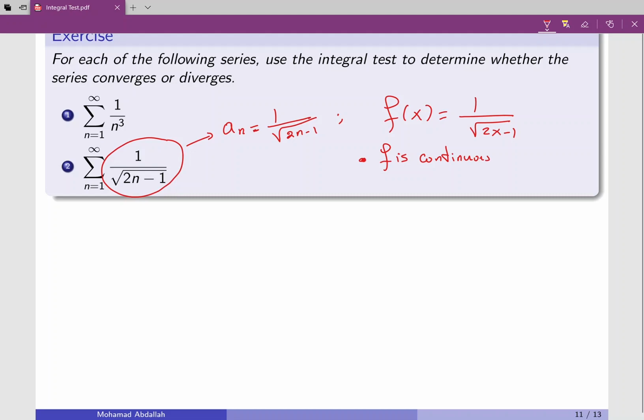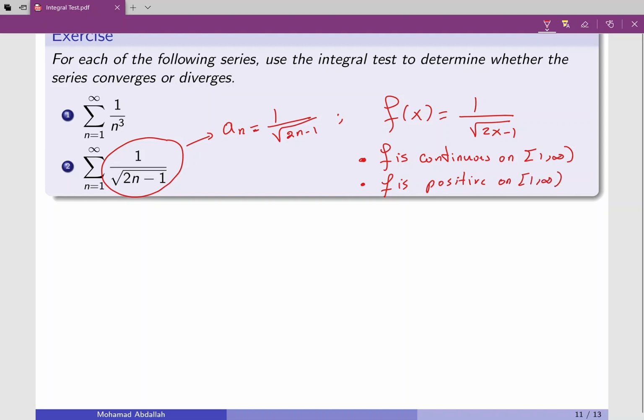So f is continuous and well defined on the interval 1 to infinity. f is positive. That's the second condition. It has to be positive, because always the radical of any positive number is going to be positive on 1 to infinity.